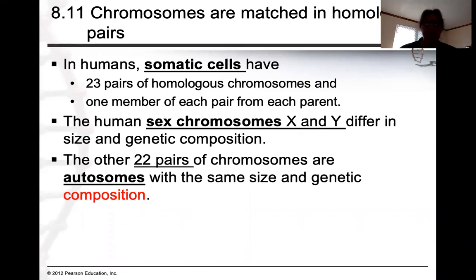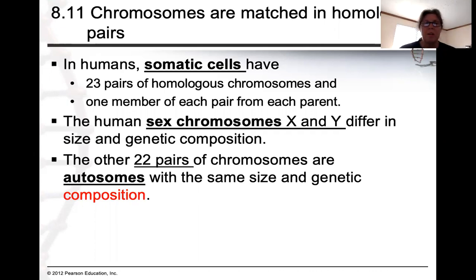So, in those cells, there are 23 pairs of what we call homologous chromosomes. That means one chromosome's from dad, one's from mom. They pair up, they have the same type of information on them. And we also have what are called the sex chromosomes. So, that would be chromosome pair number 23.